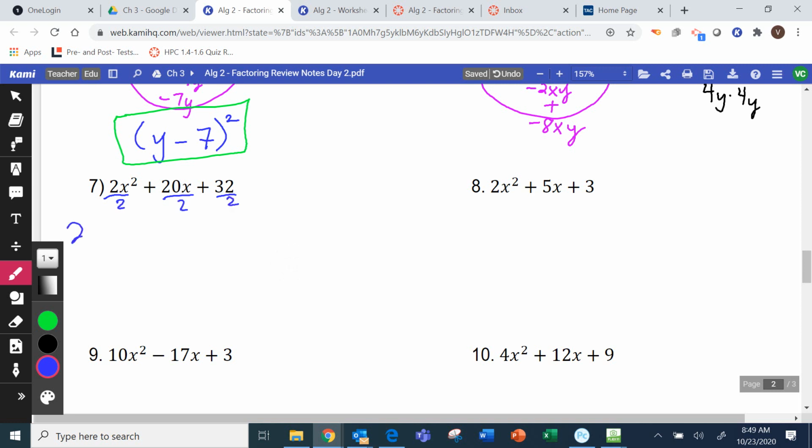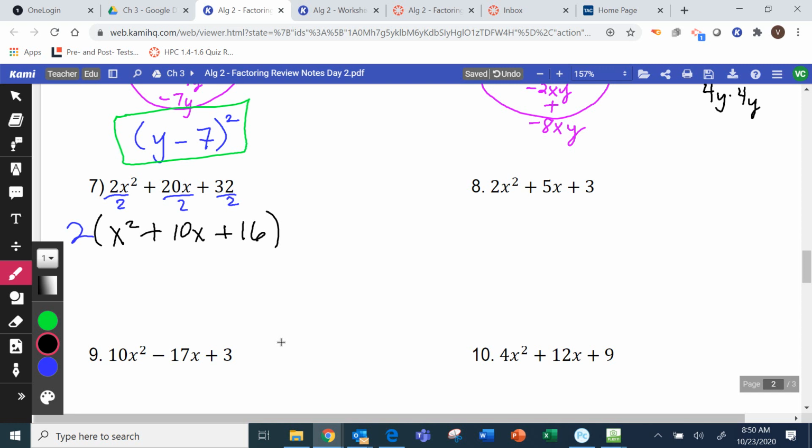So we're going to factor out the 2. x squared plus 10x plus 16. Now, that 2 is going to stay in my answer. I do not want to forget about that 2. But now we're going to move on and factor just x squared plus 10x plus 16.